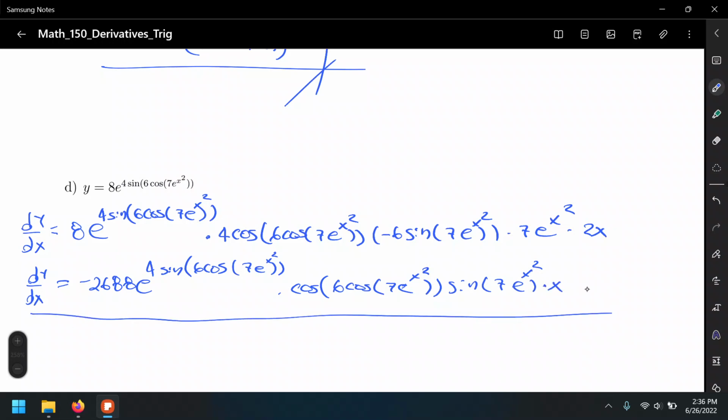There's really not much to do over here because there's no way we can use even identities or anything like that. Alright, let's look at another example.